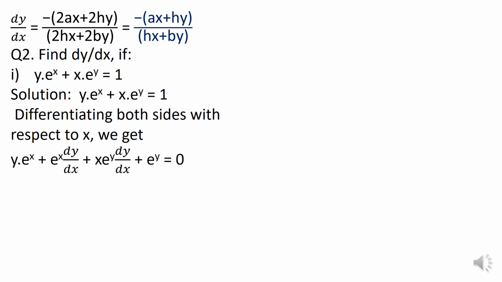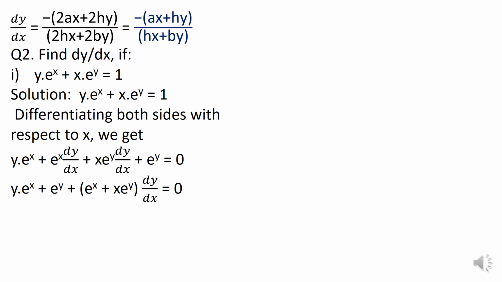And so, y into e raised to x, the differentiation of that becomes y into d dx of e raised to x, which is e raised to x itself, plus e raised to x into the differentiation of y, that is dy by dx. The other term, x into e raised to y, becomes x into e raised to y dy by dx by chain rule, plus e raised to y into d dx of x, which is 1. On the RHS, of course, differentiation of 1 becomes 0.